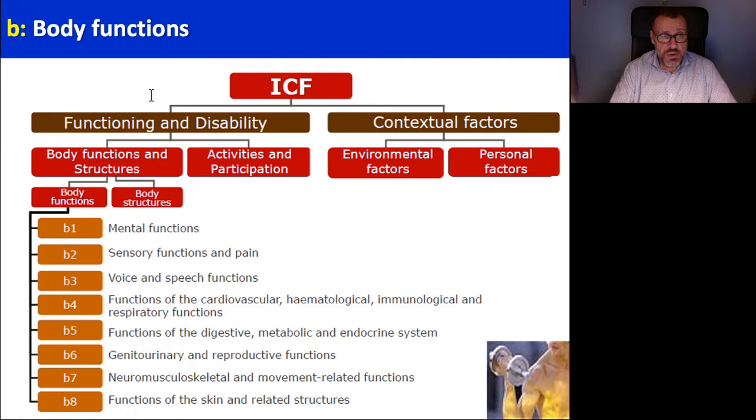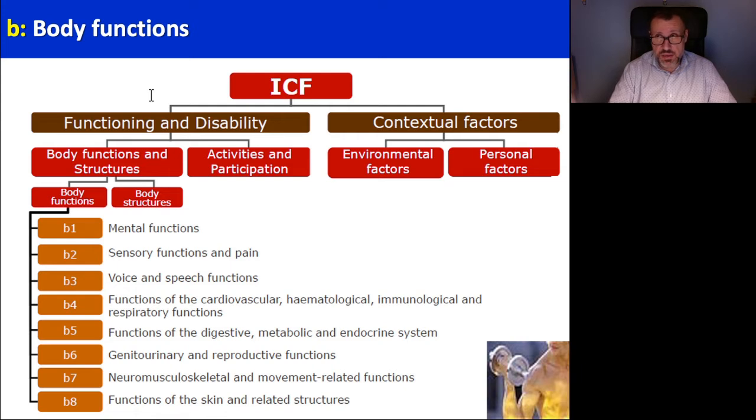So we got B1 mental functions, B2 sensory functions and pain, B3 voice and speech functions, B4 functions of the cardiovascular, hematological, immunological and respiratory systems, B5 digestive, metabolic and endocrine system, and we will see that within this chapter we'll find most of the categories related to nutrition, B6 genitourinary and reproductive functions, B7 neuromusculoskeletal and movement-related functions, B8 functions of the skin and related structures.